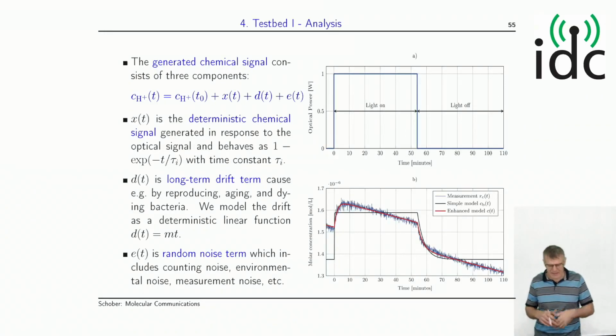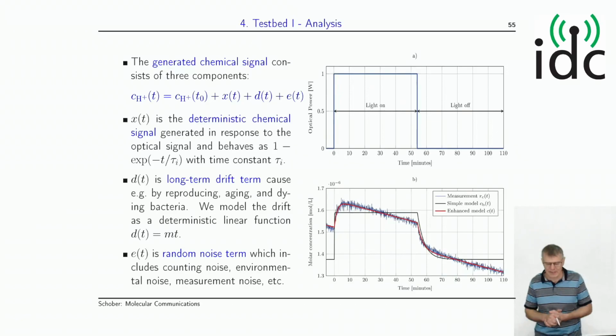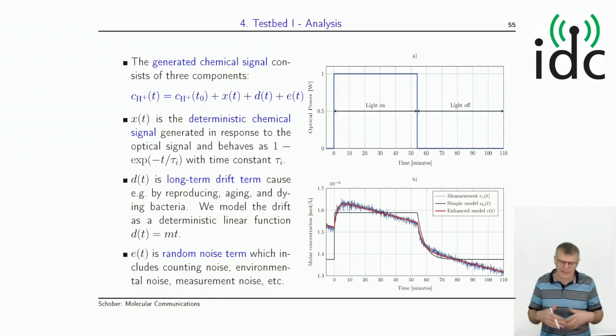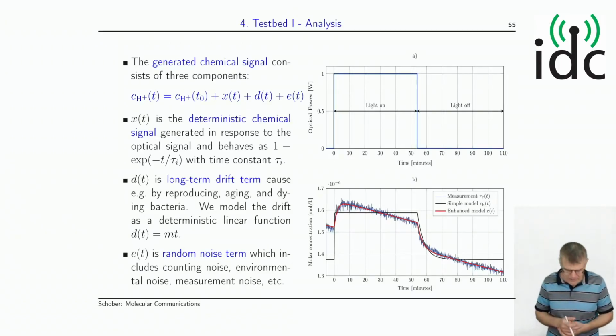And this is due to effects that, as I said, are outside our model, and this may include, for example, that these bacteria that we use age over time, and then they change their behavior, and they become less effective, or some of them die, so the number decreases, or also they may proliferate, right, and basically create more bacteria, and this may also influence the signal. So we saw that we can model this by a linear drift term, right, this d t.